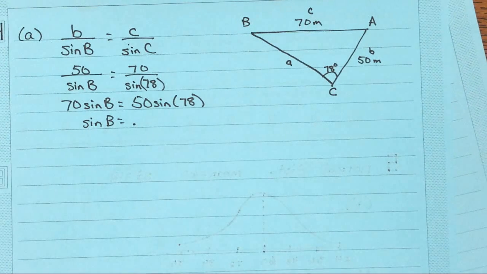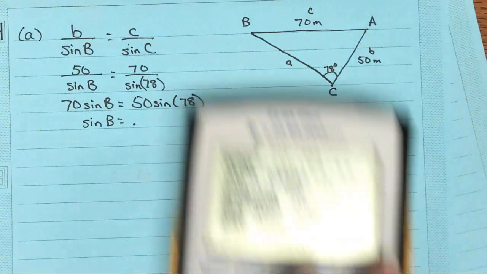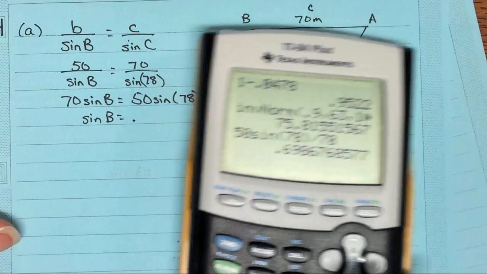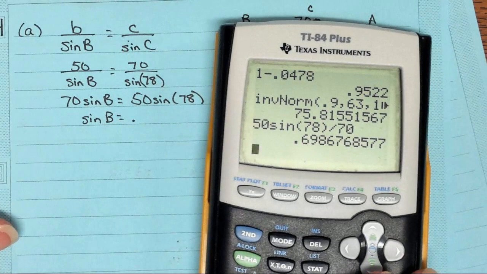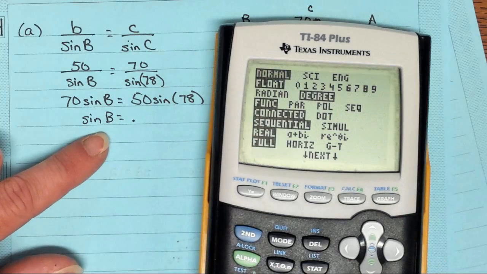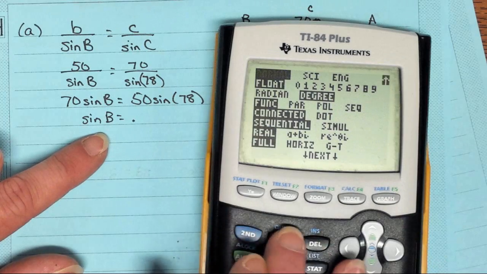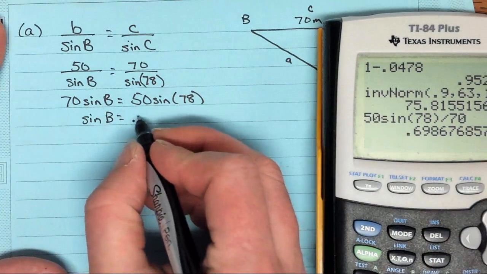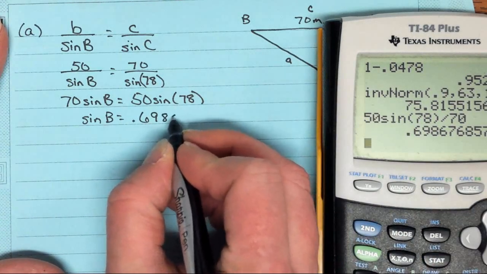Make sure we're in the right mode. What mode am I supposed to be? Degree. 50 times the sine of 78 divided by 70. I haven't gotten the angle yet. Are you in degrees? We are now. 50 times the sine of 78 divided by 70 gives me 0.6986.